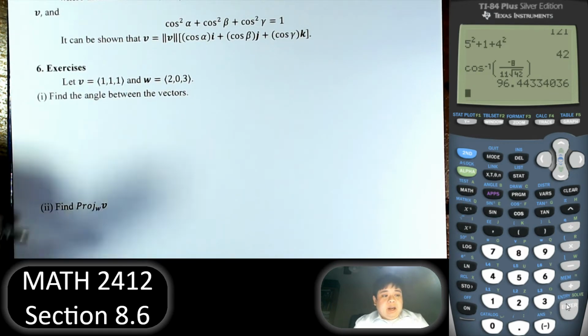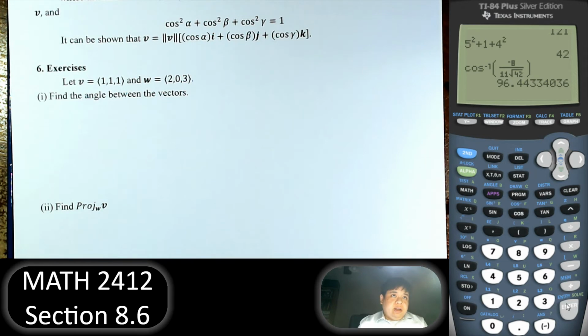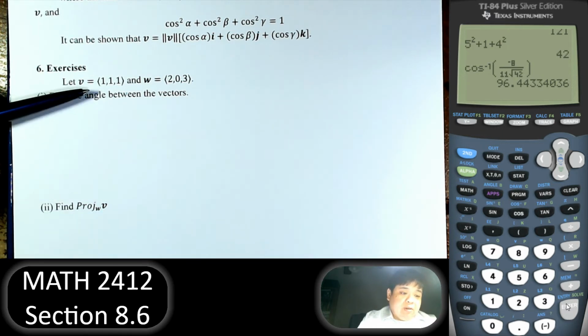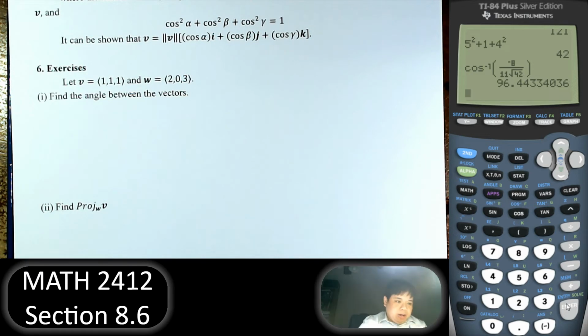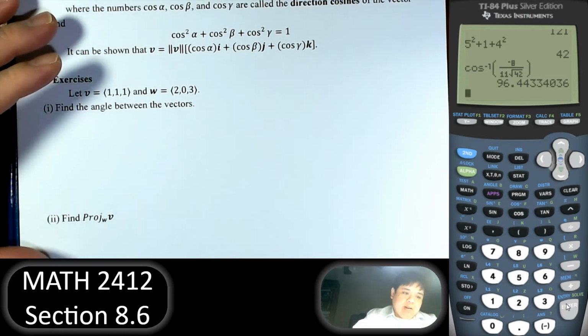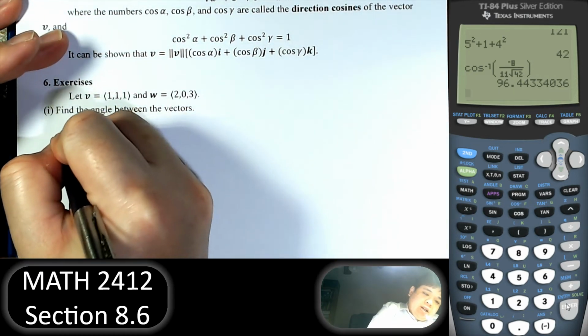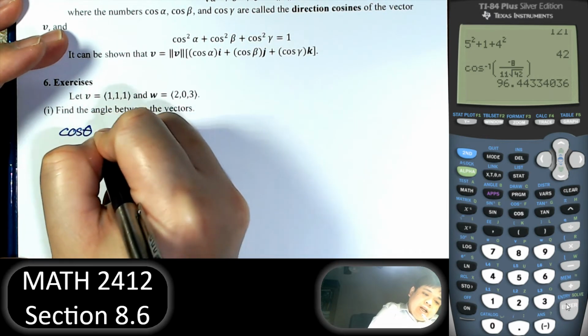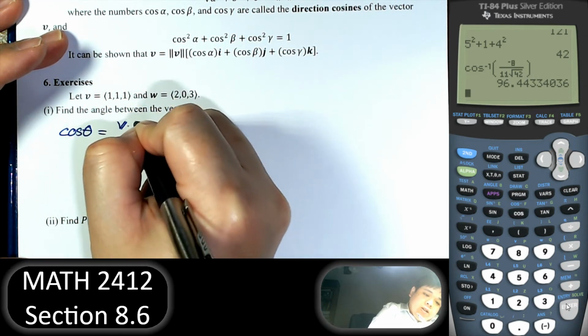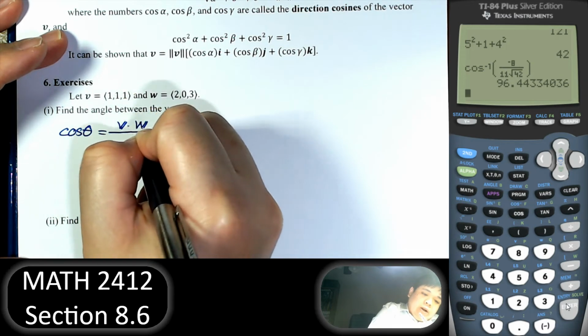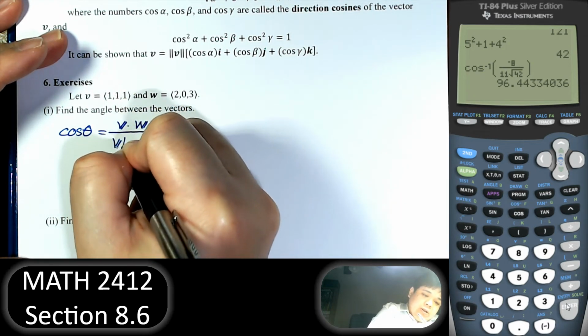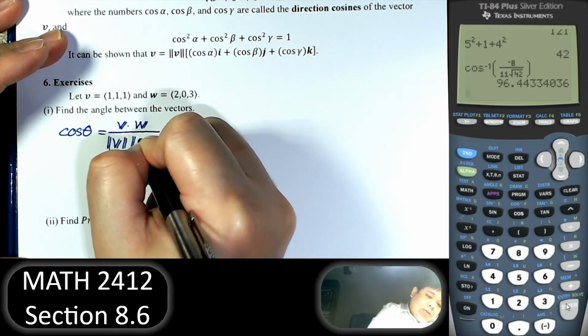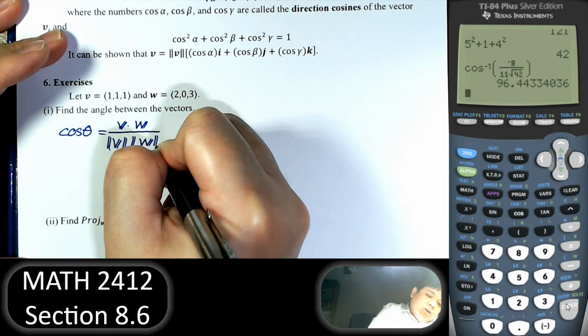Now we have vectors in 3 dimensions. Now we just find the angle between 2 vectors, and then later on the projection of vector v onto vector w. Right. Now first, the angle between 2 vectors: cosine of an angle is equal to the dot product over the product of the magnitudes.